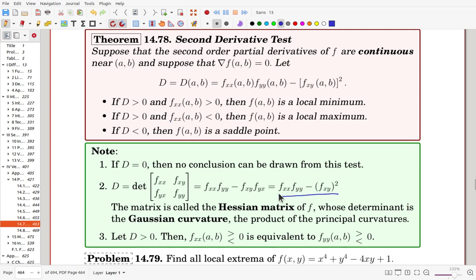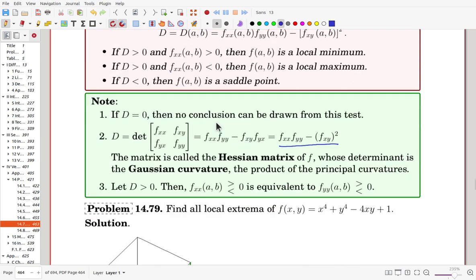That means f sub xx and f sub yy should have the same sign when D is positive. So even though we write down here only that f sub xx is positive, in fact, this inequality implies that the other one, f sub yy, is also positive. The same way, if f sub xx is negative, then f sub yy must also be negative. Okay?